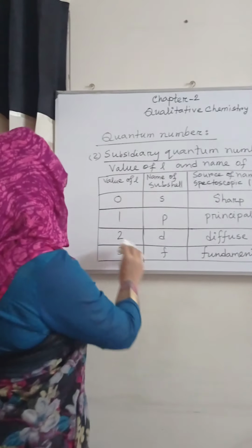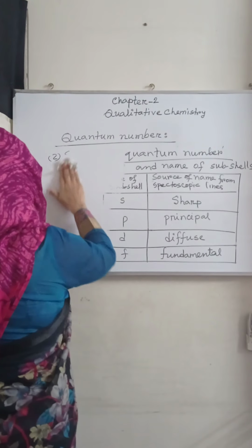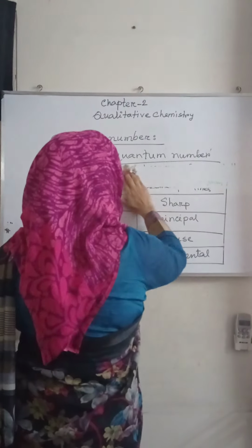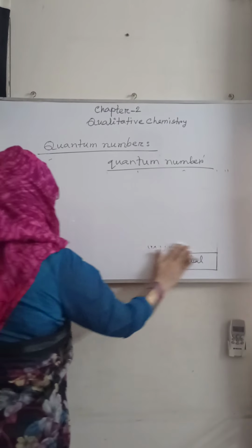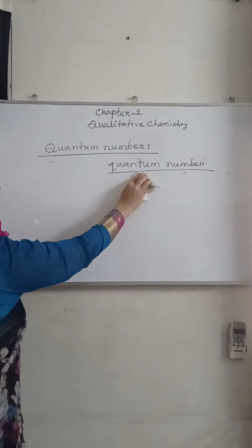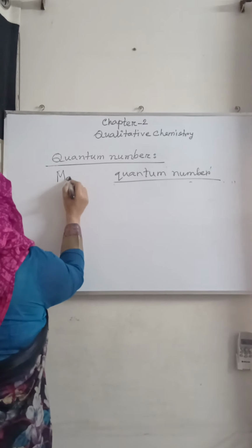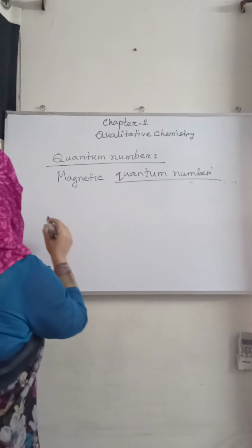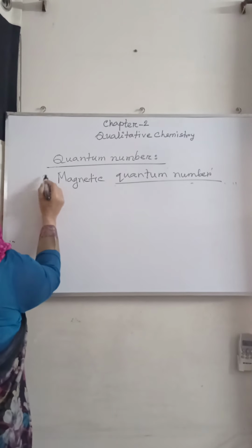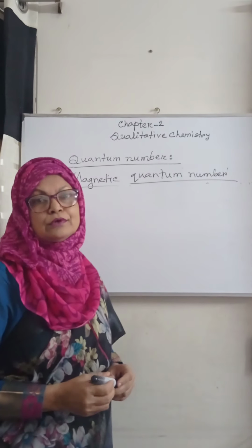Now I would like to discuss the magnetic quantum number. You know, in the center of an atom there is a positively charged nucleus, and around this nucleus there are negatively charged electrons.